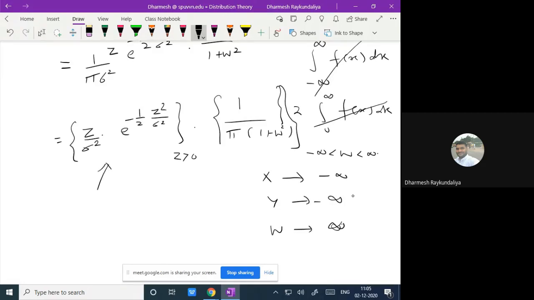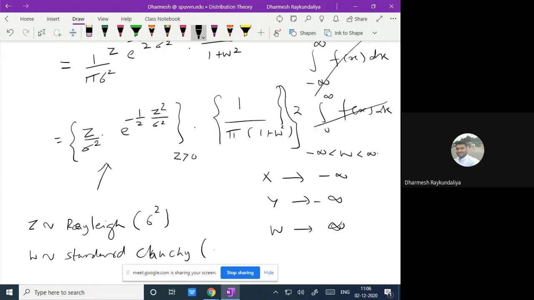This is nothing but Z has Rayleigh distribution with parameter sigma square, and W has standard Cauchy with parameters 0, 1.